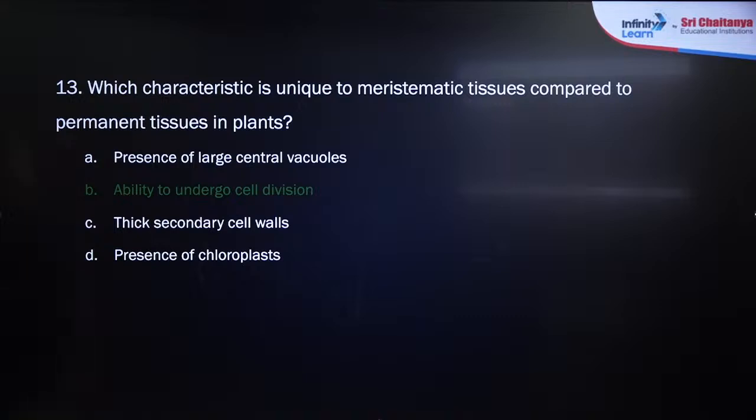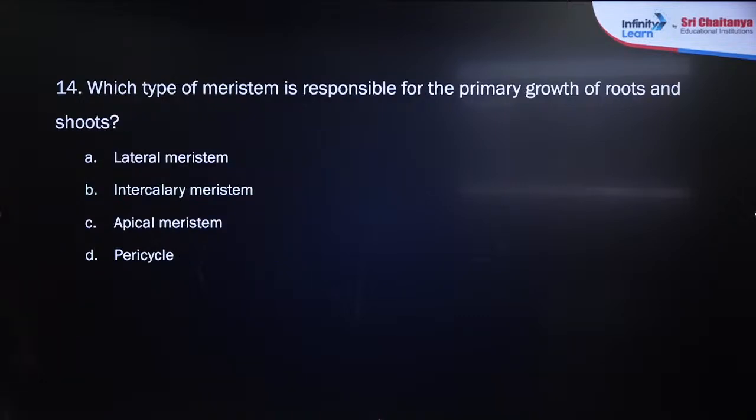Now, next question. Which type of meristem, students, is responsible for the primary growth of roots and shoots? So we talk about the primary growth of roots and shoots; it will be done by which type of meristems?